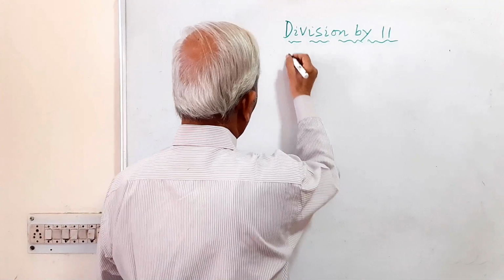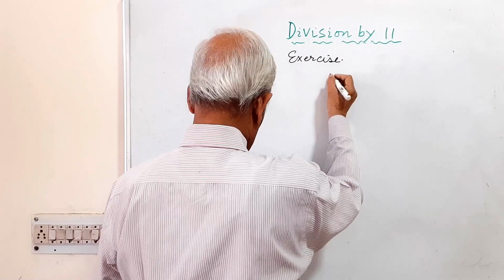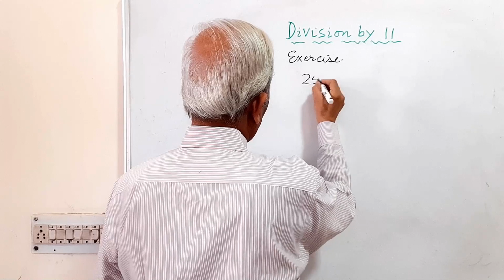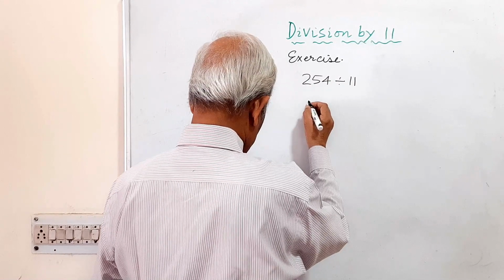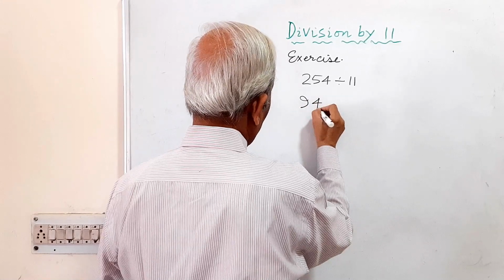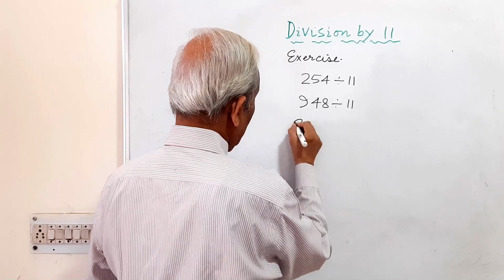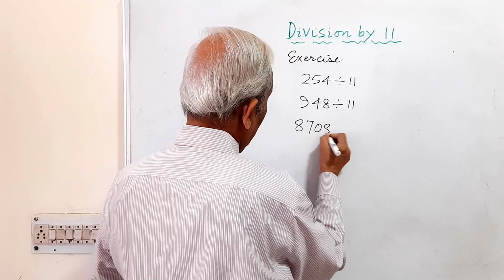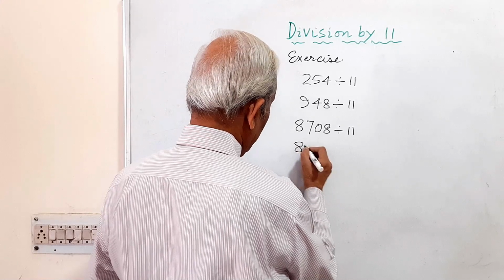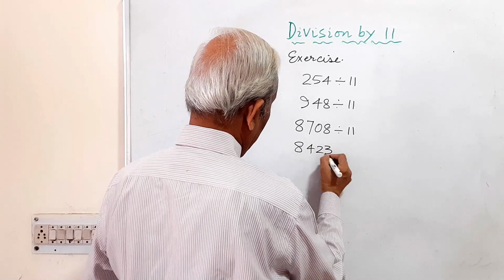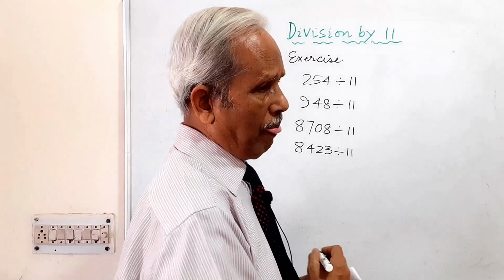Exercise: 254 divided by 11, 948 divided by 11, 8708 divided by 11, and 8423 divided by 11. Do try these 4 questions yourself.